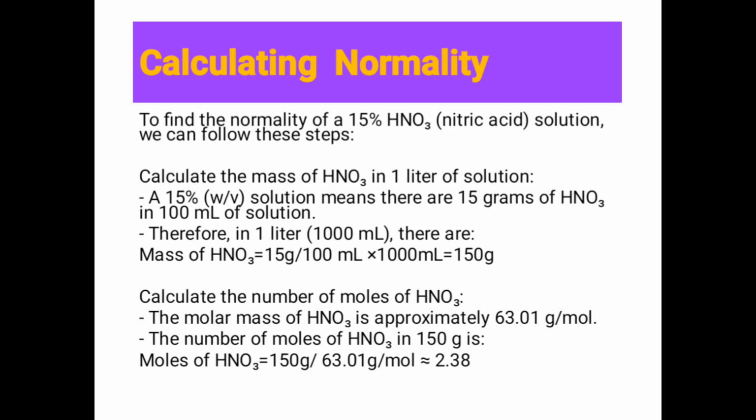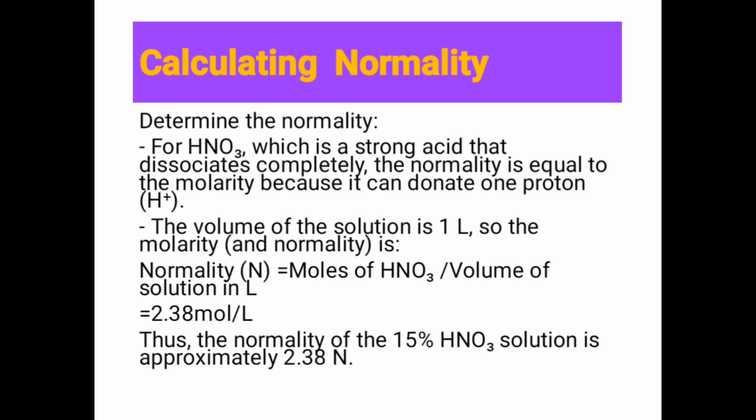That's 1 plus 14 plus 48. That is 63. That is the molar mass of HNO3. And then you are going to have 150 over 63.01, that's 2.38 moles.